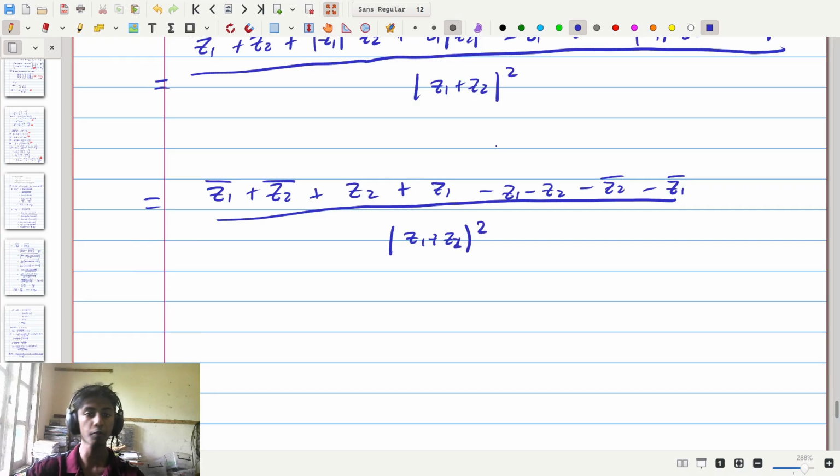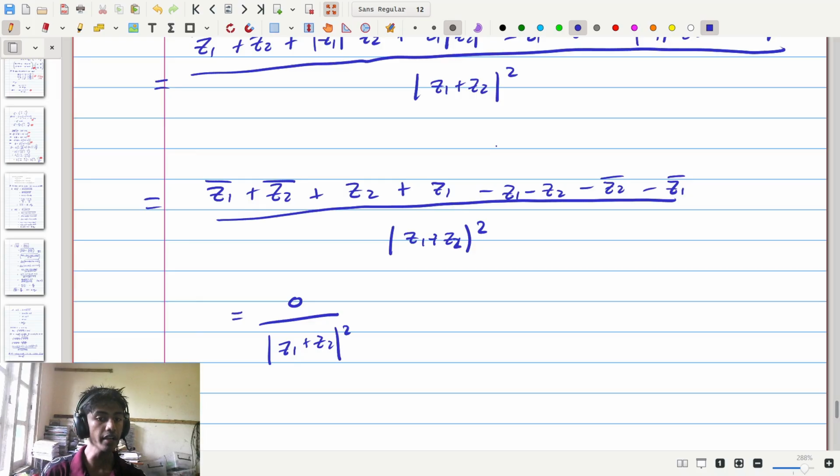Now considering this expression, we can see on the numerator we have Z1 and minus Z1, Z2 and minus Z2, or rather Z1 conjugate and minus Z1 conjugate, Z2 conjugate and minus Z2 conjugate, and we also have Z2 minus Z2 and Z1 and minus Z1. So all of the terms on the numerator cancel, which means on top we have 0, and at the bottom we have modulus of Z1 plus Z2 squared.